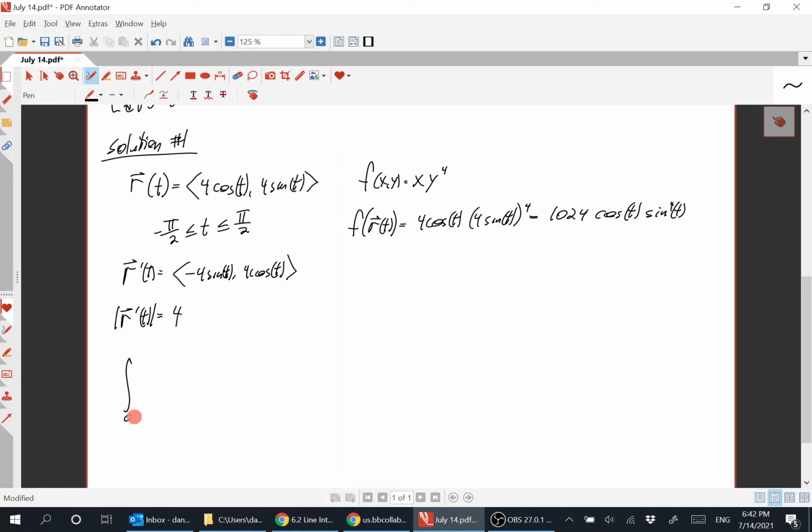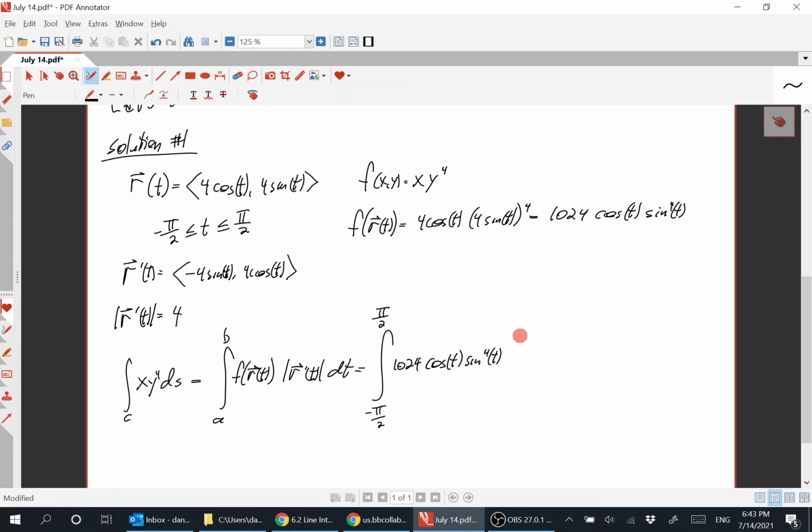All right, so the integral over C of x y to the 4th ds is equal to the integral from a to b of f of r of t times the length of r prime of t dt. Here we've got the integral from minus pi over 2 to pi over 2 of 1024 cosine t sine to the 4th t times 4 dt.